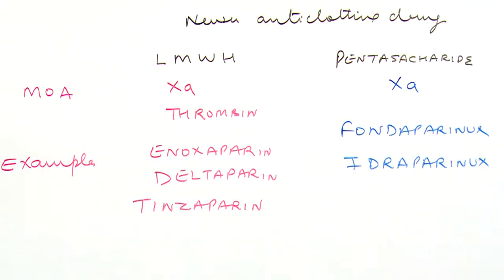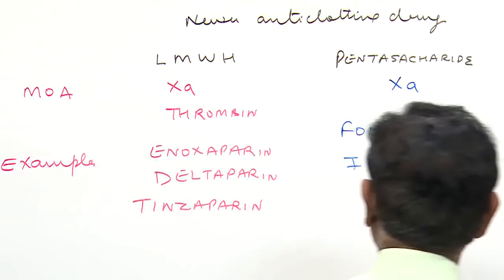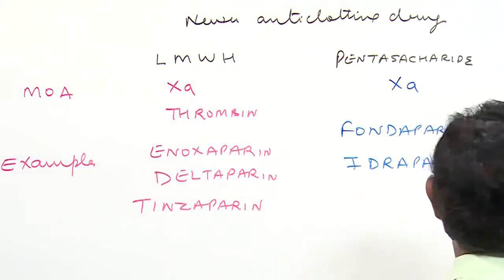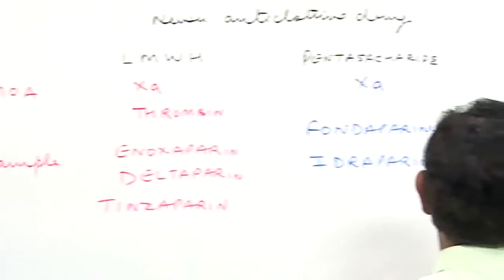Then we have the direct thrombin inhibitors. They inhibit thrombin.